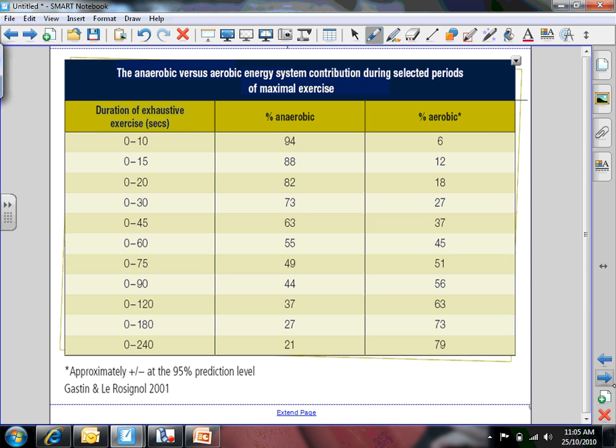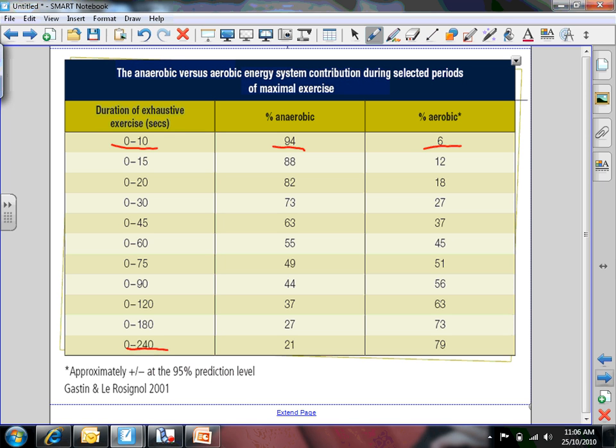Now, here, it just gives an example of the percentages of the different energy systems being used and the duration of the activity. It's not rocket science. 0 to 10 seconds here, 94% roughly anaerobic energy, 6% roughly aerobic energy.